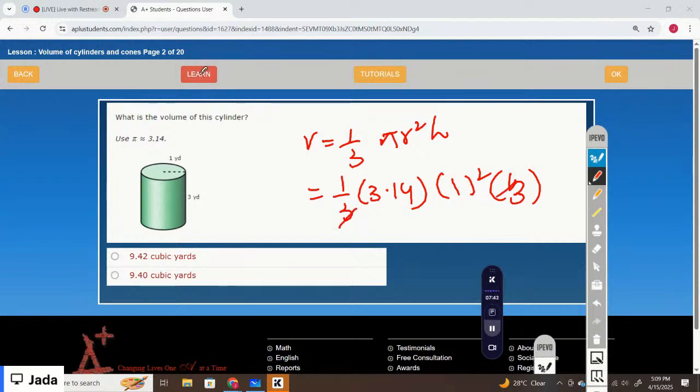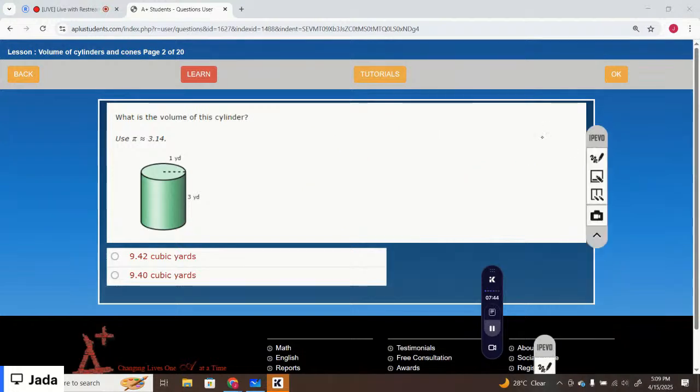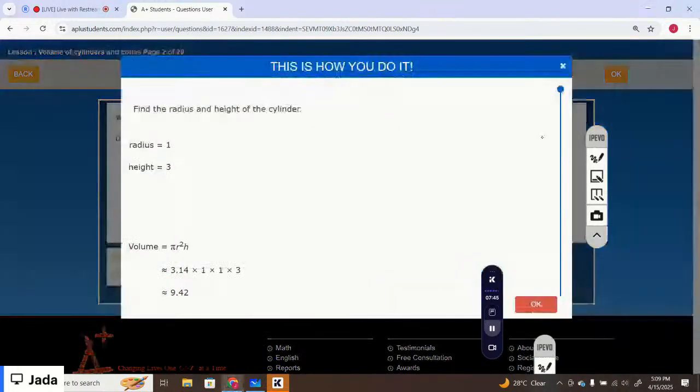When 3 and 3 cancel out, we are left with 3.14. Then we are not given the correct options.